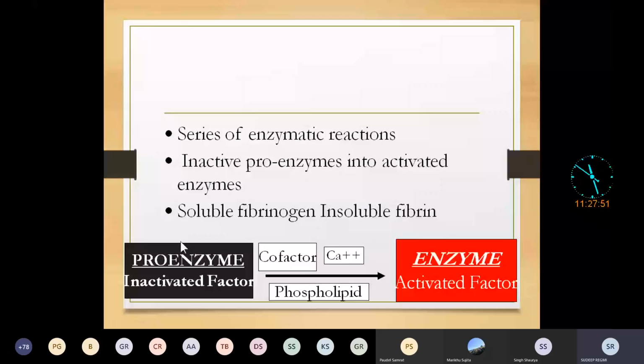For example, a proenzyme, which is the inactivated factor, let's say factor 7, which is the most important factor in the extrinsic pathway of coagulation.